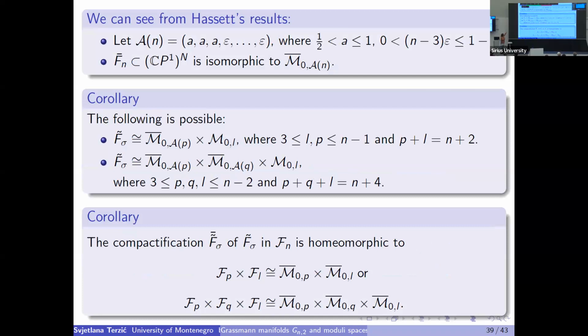And so for the virtual spaces of parameters, according to the previous remark, we obtained that the virtual spaces of parameters can be realized as the moduli spaces of stable weighted curves. So the compactification of virtual spaces of parameters is given in this form.